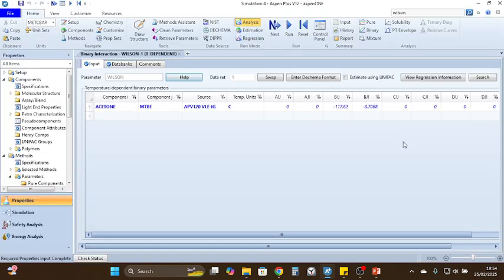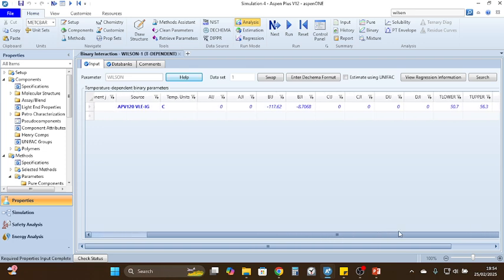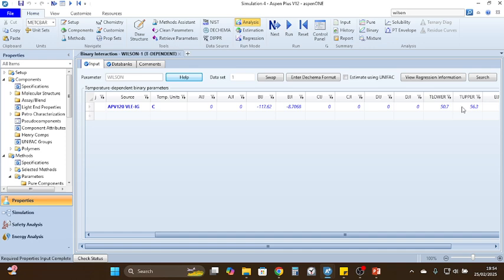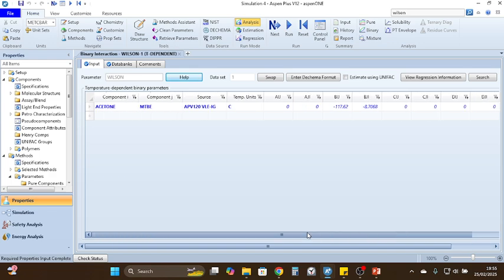Now, from the Aspen property data bank, the parameters that are required for the evaluation of the Wilson coefficient model, out of 10 parameters, only 2 parameters are given over here. The rest of the parameters are given as 0. Only the T lower and T upper, that is the temperature range, is given to us. We don't have all these values to evaluate the parameters.